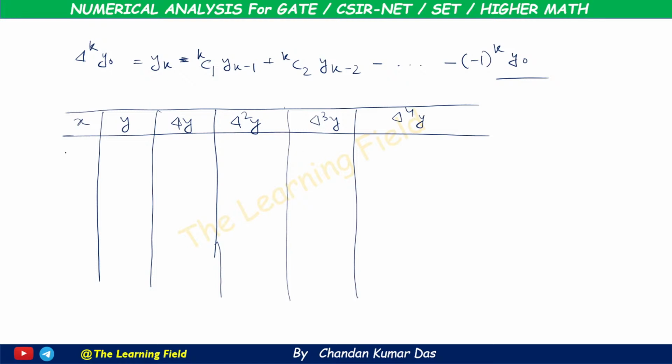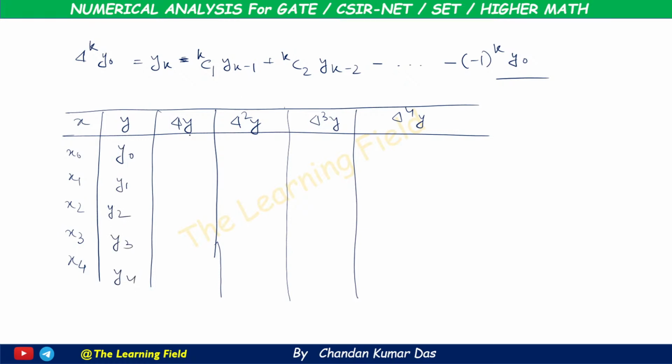Here the values of x are x0, x1, x2, x3 and so on. Suppose we take up to x4. These are the given values y0, y1, y2, y3, y4.